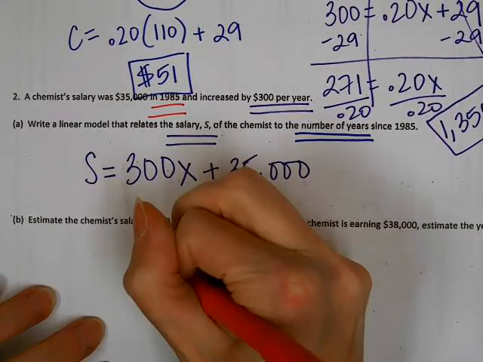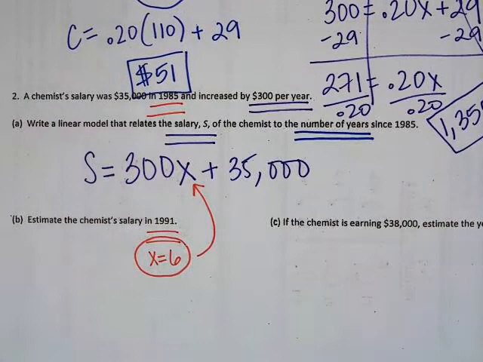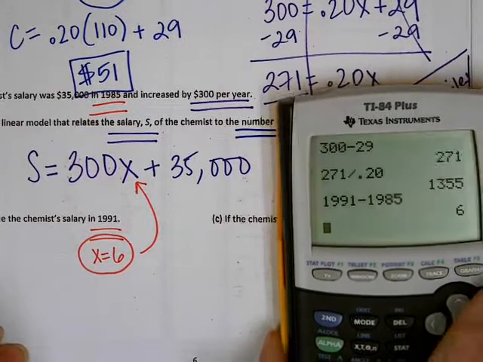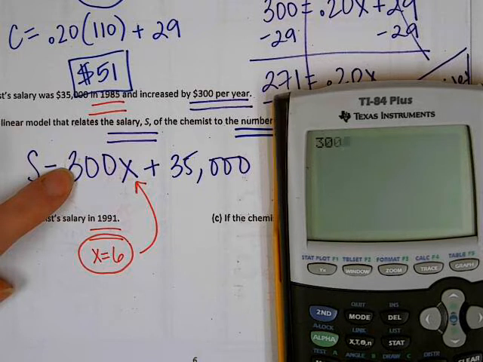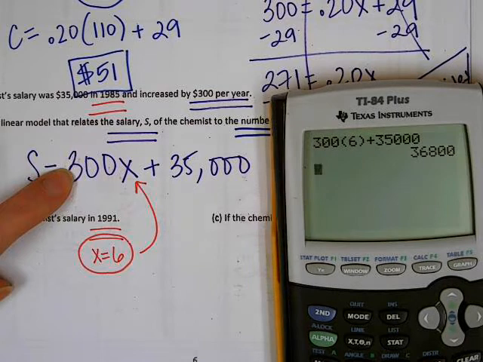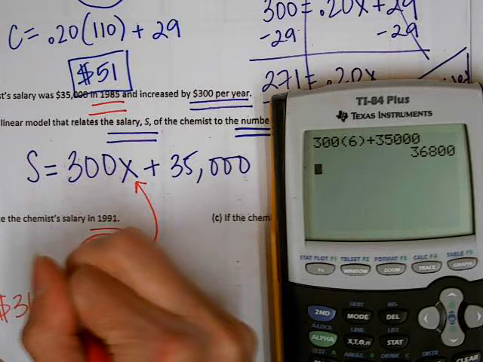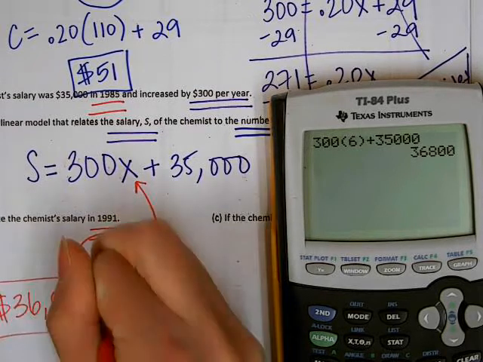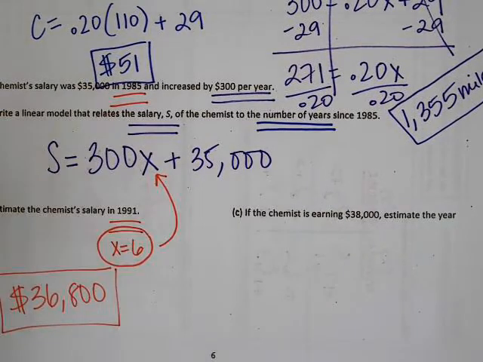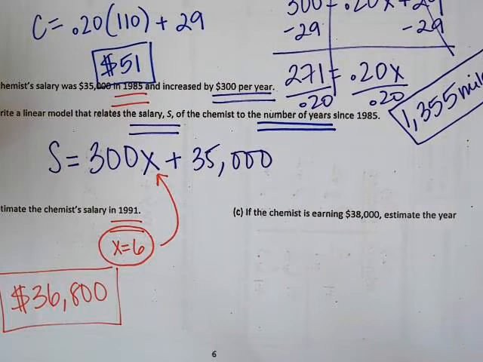So we're going to be plugging in 6 for x because 6 years have passed. So it's 300 times 6 plus 35,000. And that would be a total salary of $36,800. A little tricky with the years. Always make sure you plug in how much time has passed.